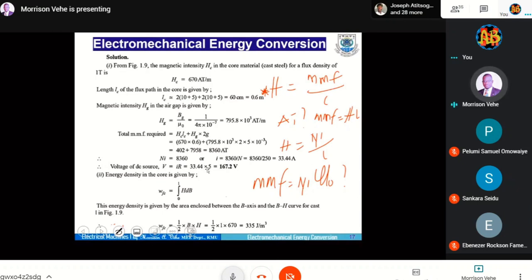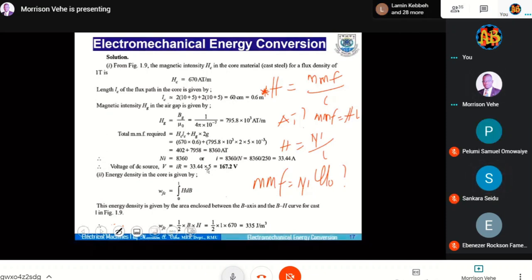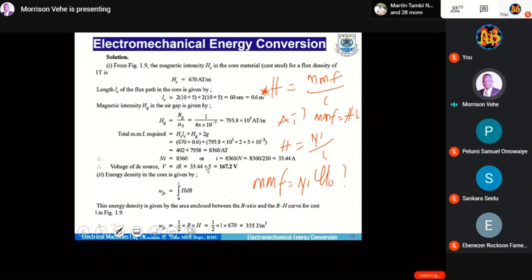That is the volume of the cast core, given by V_c. That particular slide is not showing. The last thing we can see is 335 joules per meter cube. That's the only thing you can see.